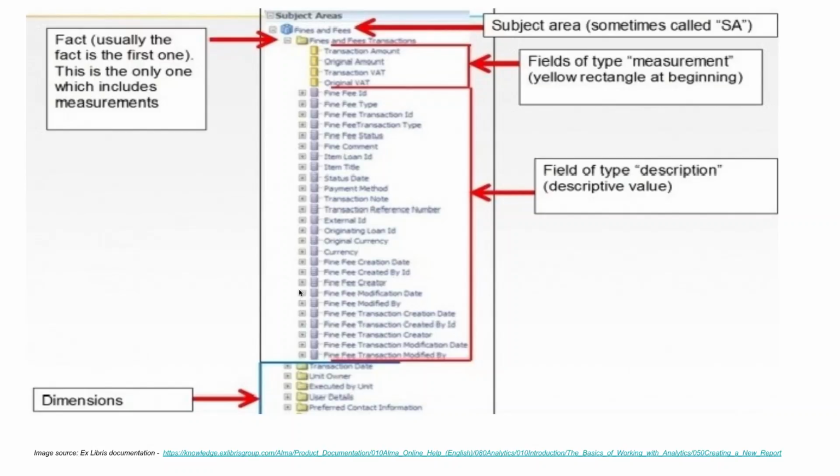As opposed to these icons, which are like a lined piece of paper, which are called descriptive fields. And I'll get more into detail of what the difference is between them. So it's subject area, facts, dimensions, and the components of those are measurements and descriptive fields.